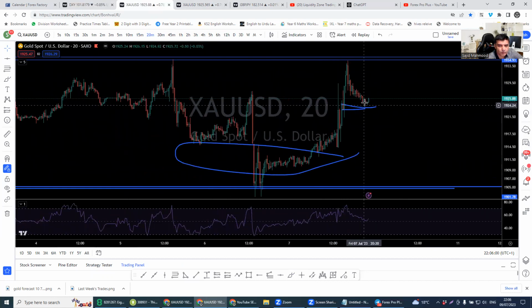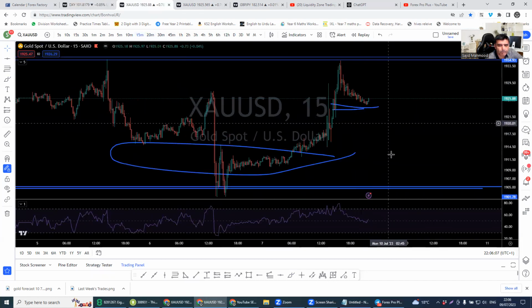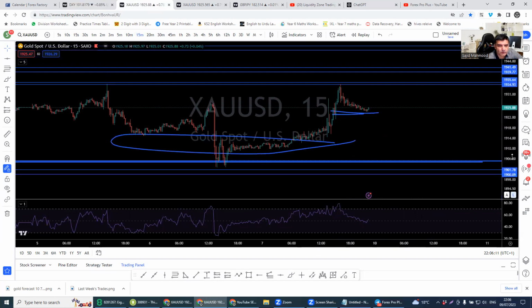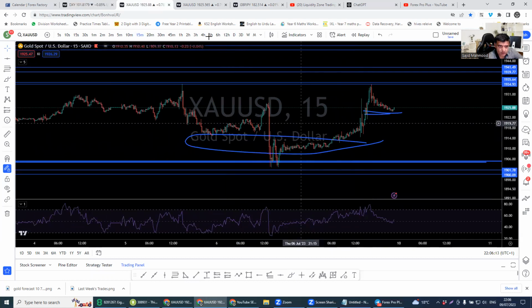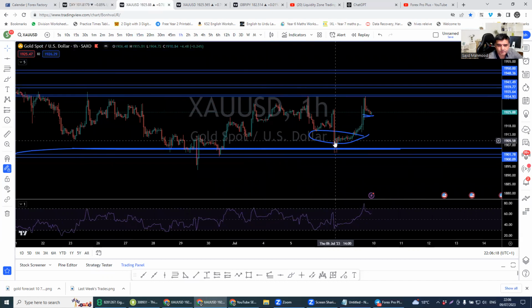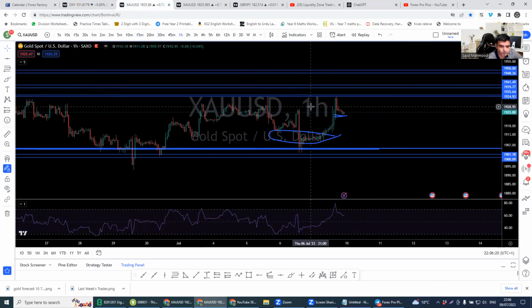However, if this is broken, then we can expect a move to the downside. Let's see what happens. So these are the major levels for day trading in 1 hour, 4 hours, especially 1 hour. These are the levels we normally look into in 1 hour.